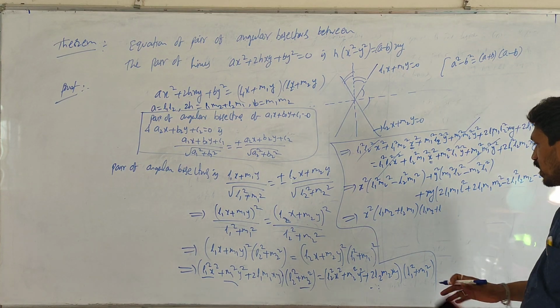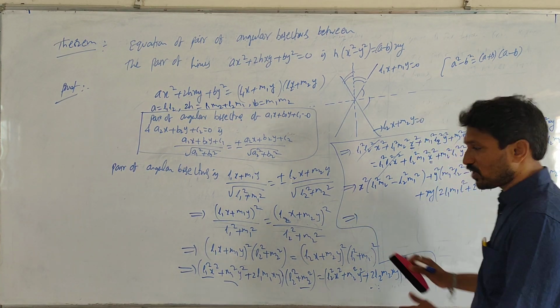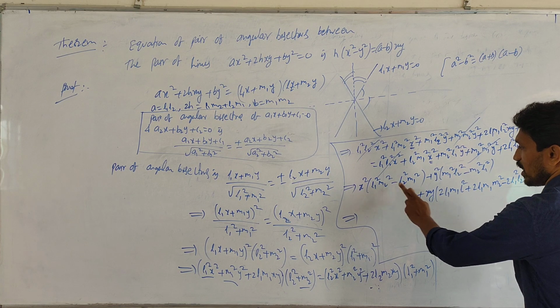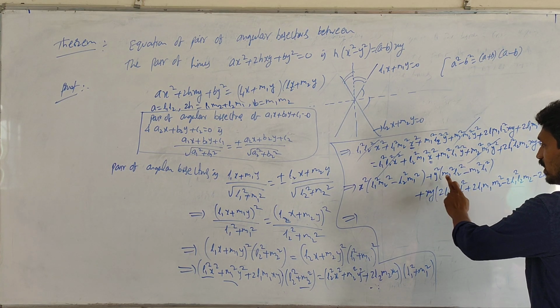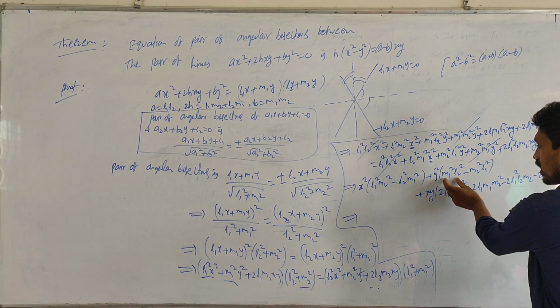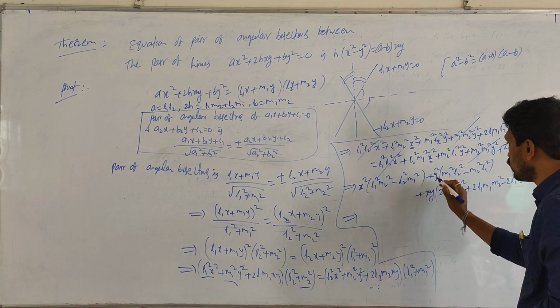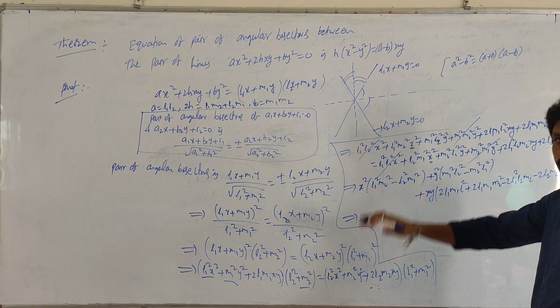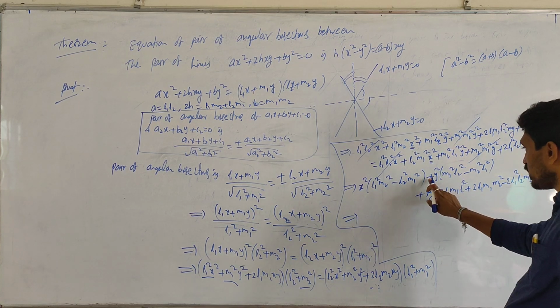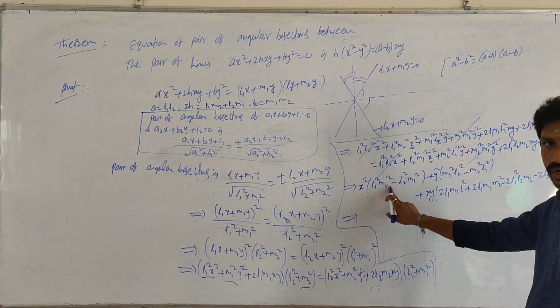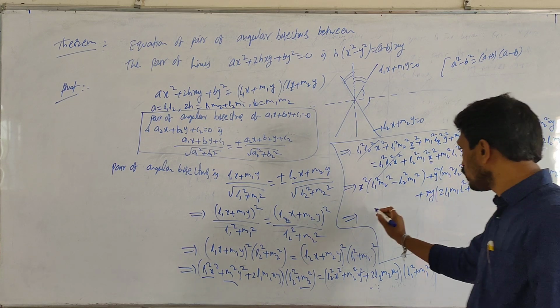In other words, you can write directly: it is L1 M2 square, L2 M1 whole square. It is M1 L2 first here, and M2 L1 second here. If you take minus common, these two terms will be the same. So you take minus common outside, then it becomes, and take this one as common. Then what do you have?